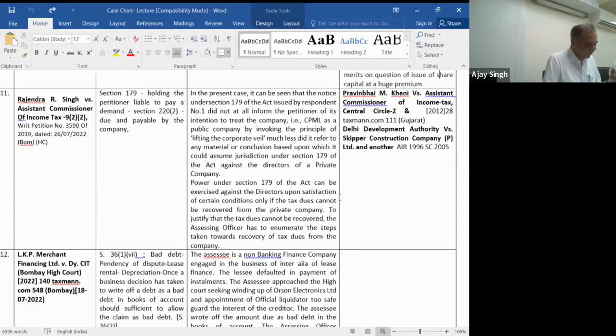Coming to the next decision, LKP Securities Limited. This I will just hurriedly put up. This is again a decision in regard to bad debts, where there were some disputes pending, and the assessee had decided to take a call to write off the particular bad debts in its books.